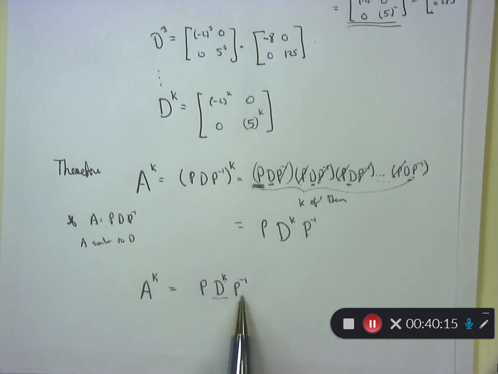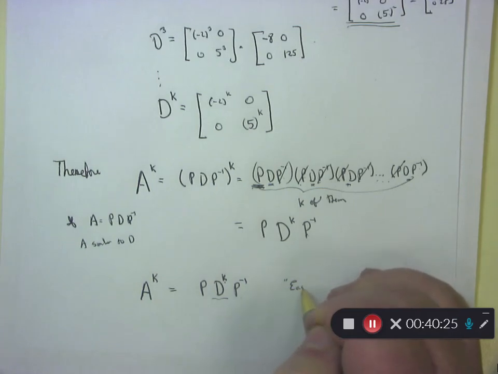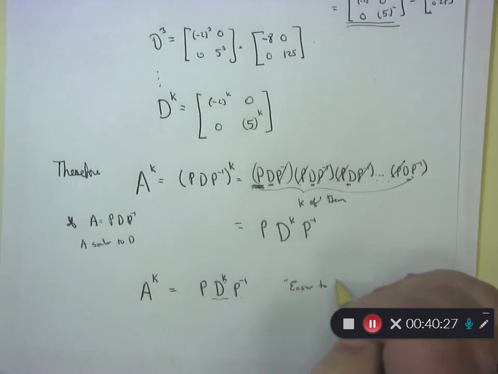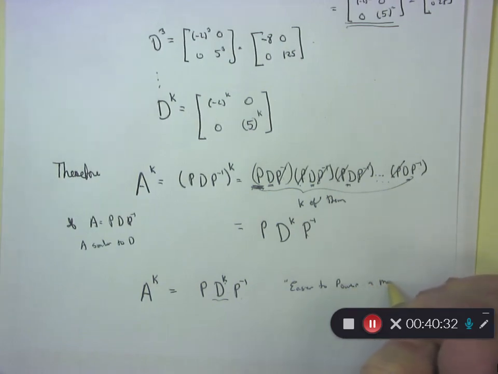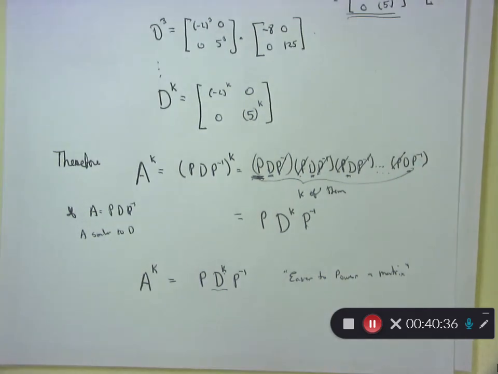Multiply by P and P inverse, so that's 3 multiplications that I have to do instead of k multiplications. Quote, it is easier to power a matrix. That's the big gist right there. It is easier to power up a matrix.